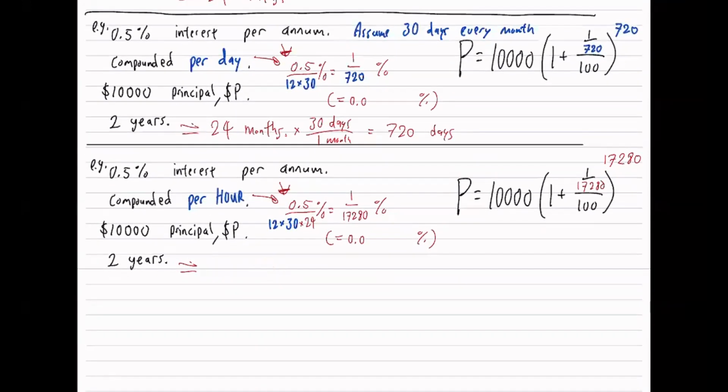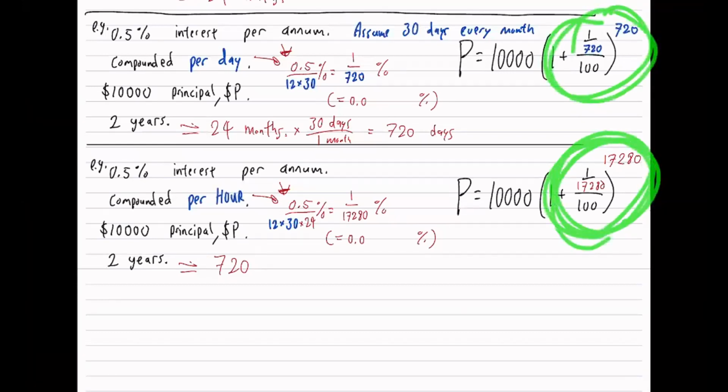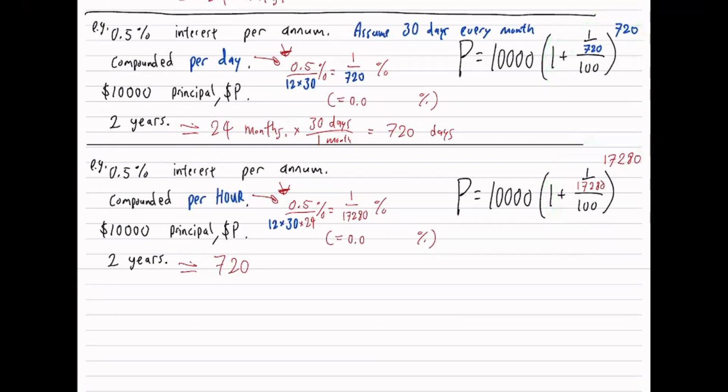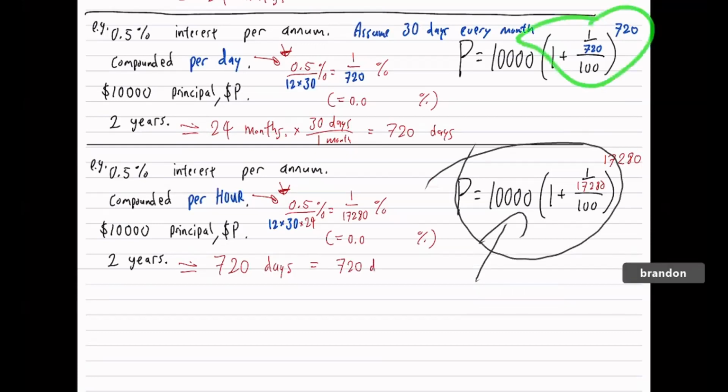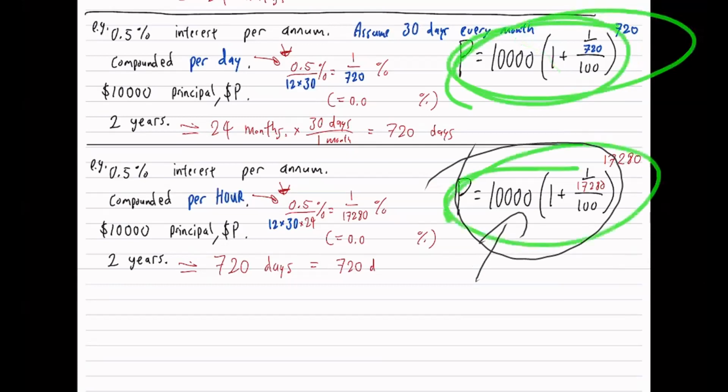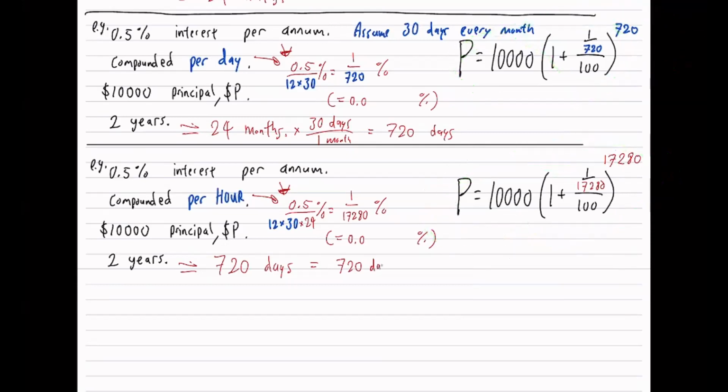Okay, so basically, the pattern I'm trying to get you to see is that here, this value, can you try keying it into your calculator? What do you get? This entire value and that entire value.